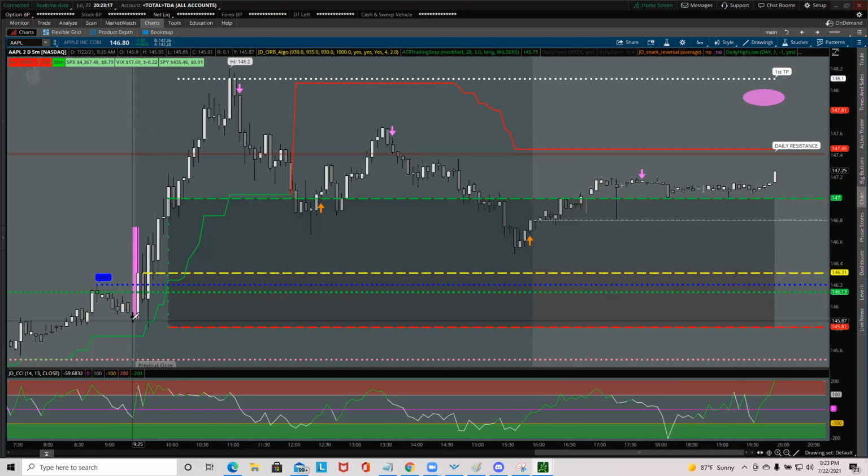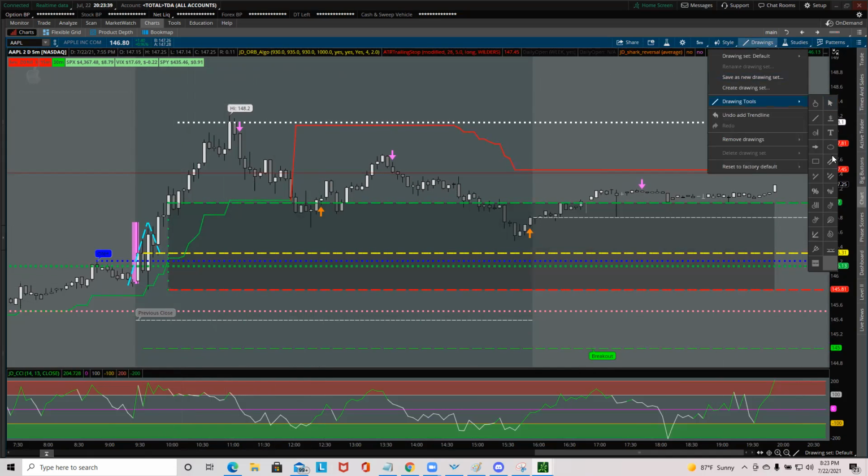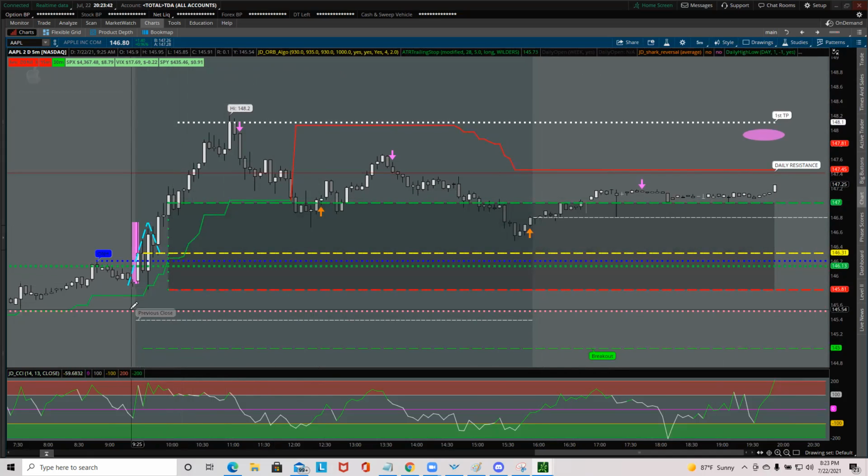What I mean by that, 5-minute candle opens, goes up, comes back and retests right over here. Remember, you don't have this visual here, the red line. So you have to look for clues where your stop loss will be. In this case, if you ask me as a trader, I would probably have a stop right over here on this pink line, which is the overnight low or the previous close.